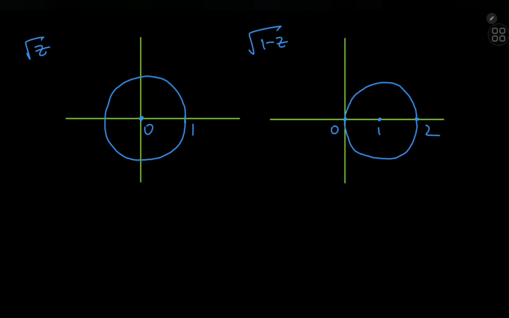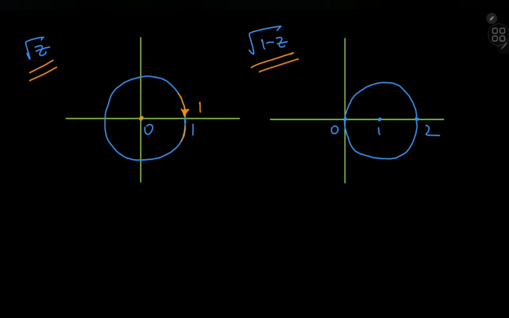So I have two z-planes, each one dedicated to the study of square root z and square root of (1 minus z), as z traverses a unit circle centered at the relevant branch point. For the first case, I have this branch point at the origin, z equal to 0, and along this unit circle, if I approach z equal to 1 from above, I get 1, right?